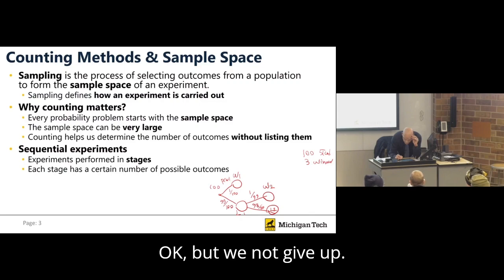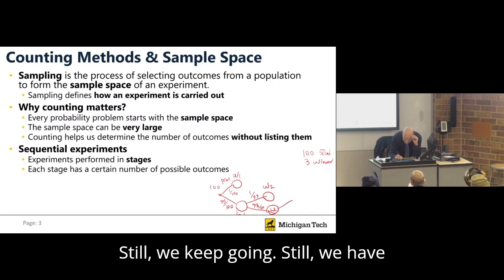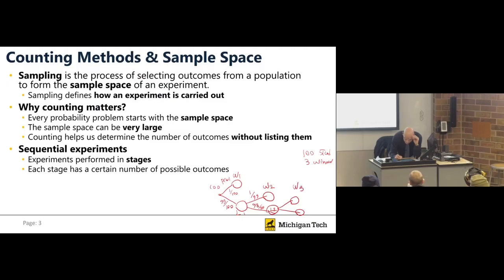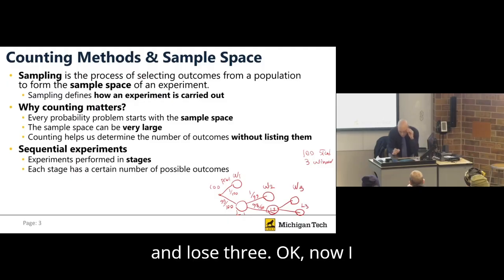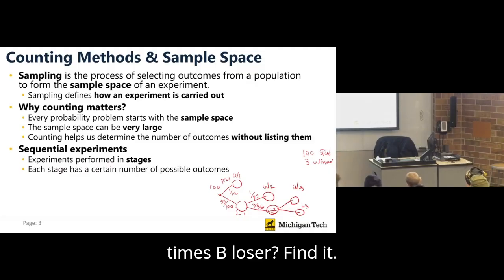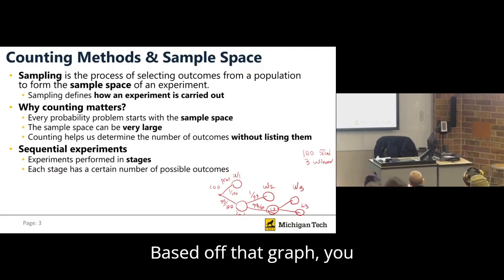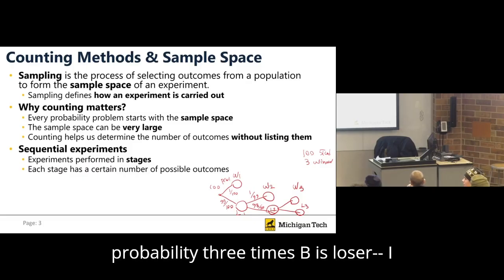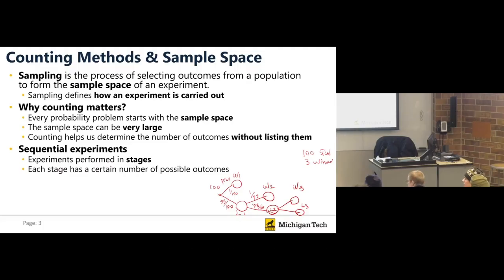But we don't give up. Still we keep going. We still have another chance to win in step 3, or lose in step 3. Now I ask you, what is the probability of being a loser 3 times? Find it. Based on that graph, you can find the probability of being a loser 3 times.